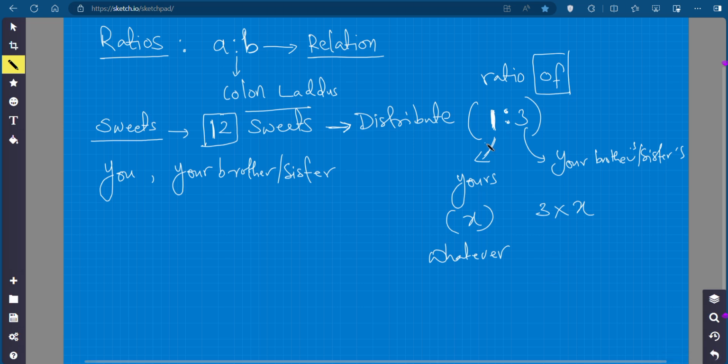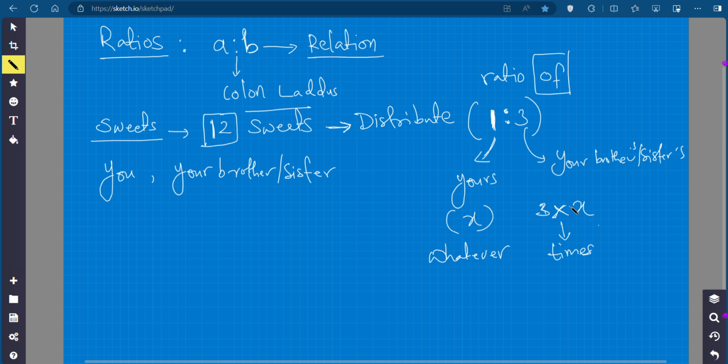They don't give you a number. They don't say you can take 1 laddu, 2 laddus or 3 laddus. They only say that whatever you take, just make sure your brother or sister gets 3 times of what you take. Triple of what you take.